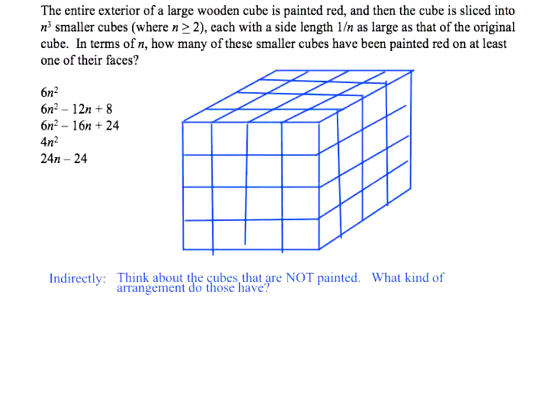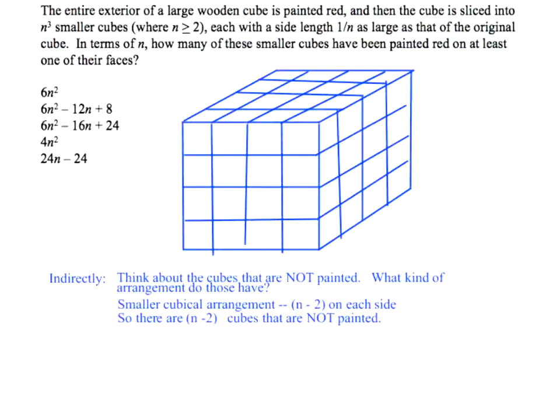So it'd be a smaller cube, which is n-2 on each side. So that is correct, yeah. So there are n-2 cubed cubes that are not painted.